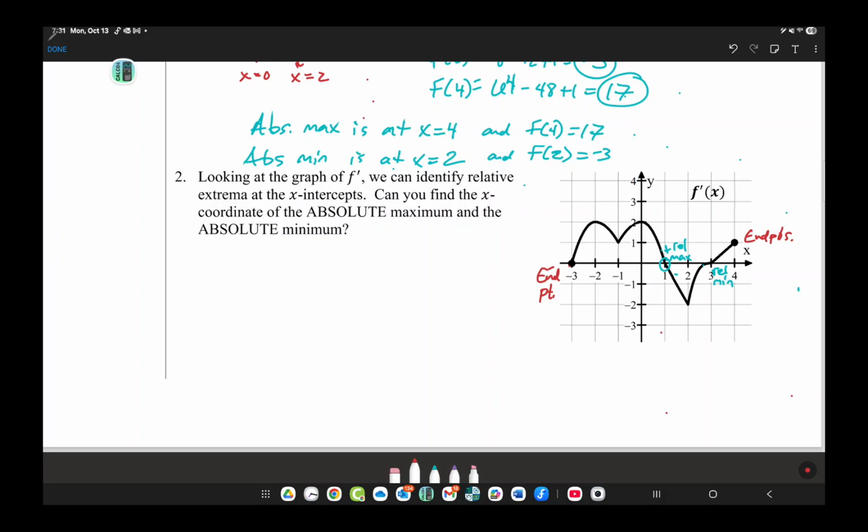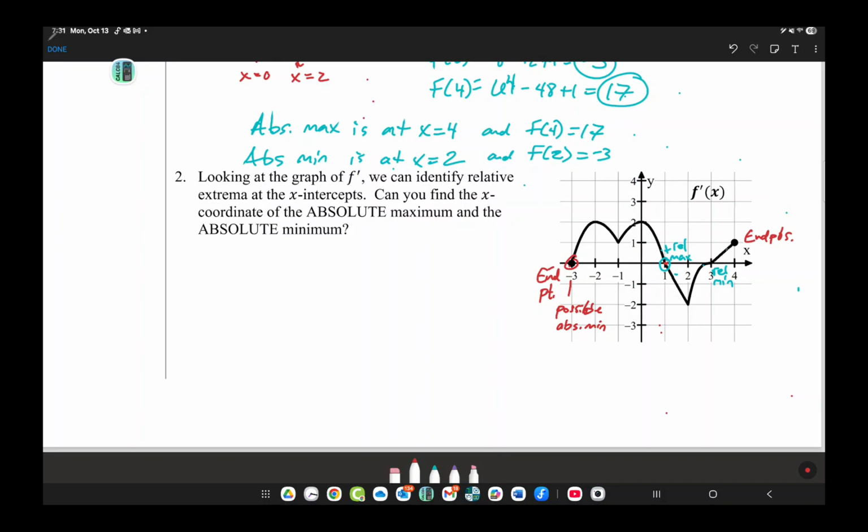For the original graph, from -3 to 1, it is increasing, which means this has a possible absolute min. Because if I'm increasing everywhere until I get to 1, and then I start to decrease, then that endpoint is a possible absolute min.